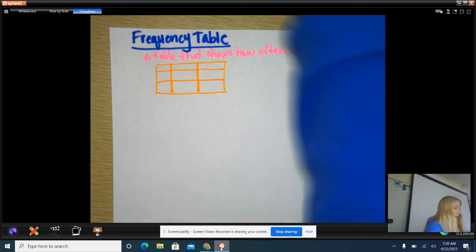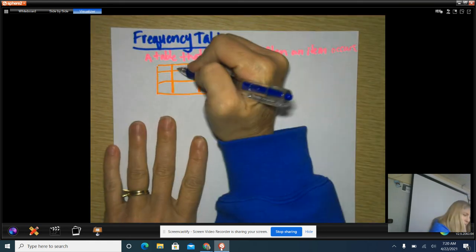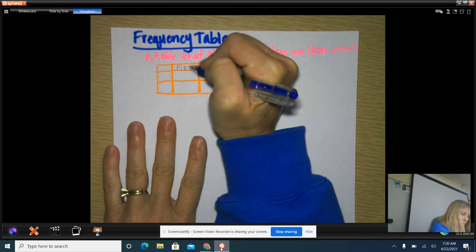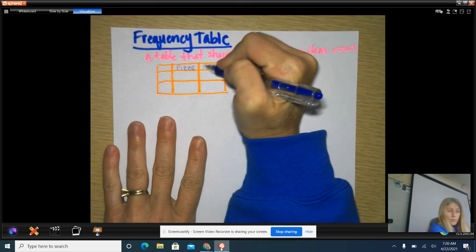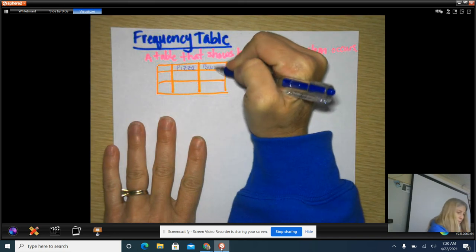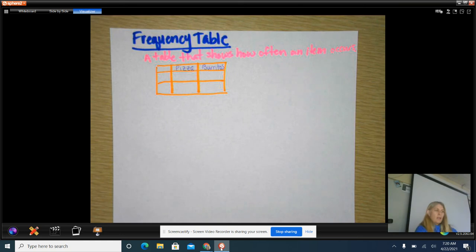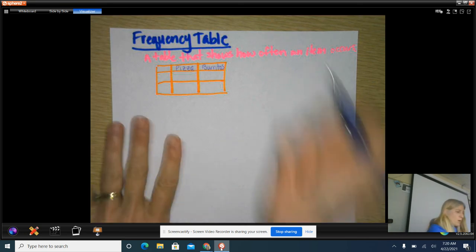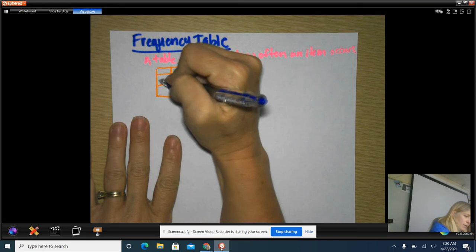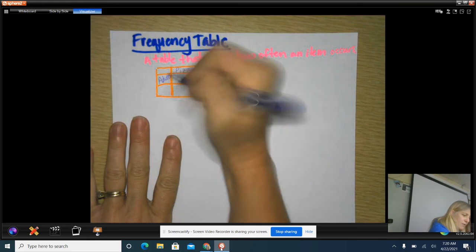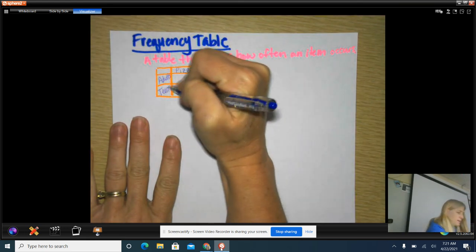So we're going to look at pizza versus burritos. And we are going to take a look at a survey of people who were adults, 18 and over, or teens. So we're going to look at adults versus teens.